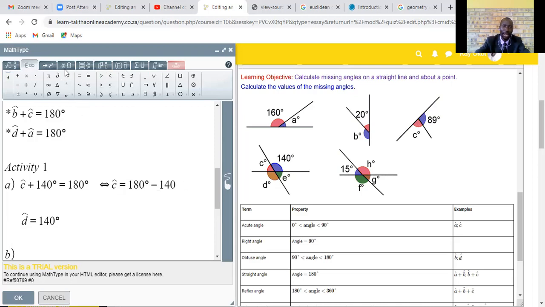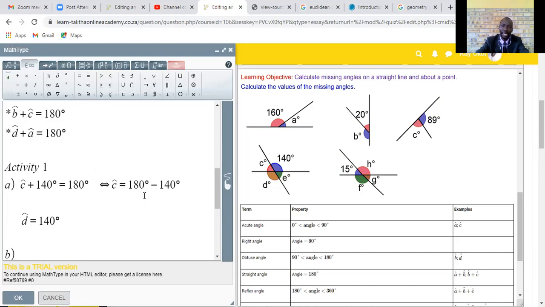And so from here, can we find the value of C? Yes, we can find the value of C. The value of C will be calculated when we take away 140 from 180.